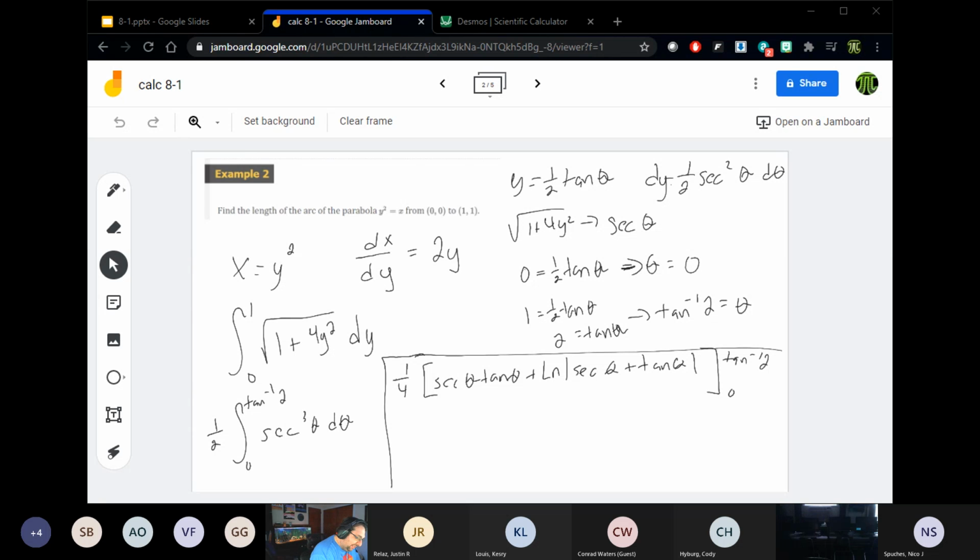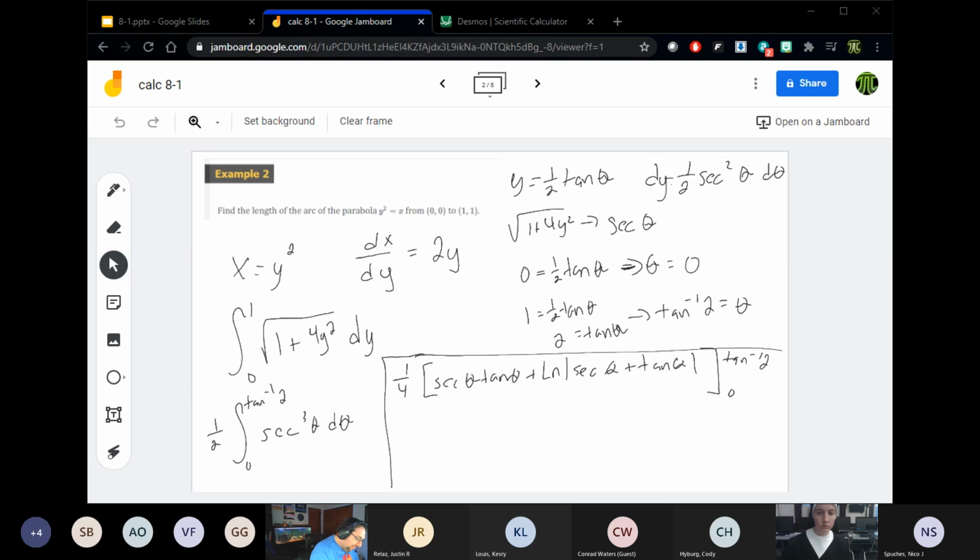All right, so basically this first part cancels itself out because tangent of 0 is 0. And the second part, we end up getting ln of 1. And ln of 1 is also 0. So the whole 0 piece cancels itself out. So now I have to figure out what secant is and what tangent is.